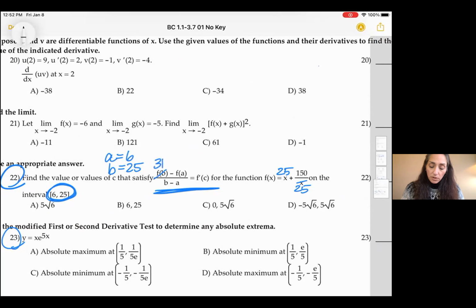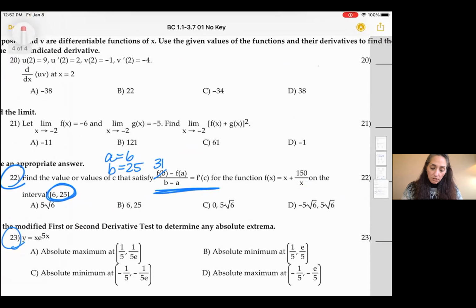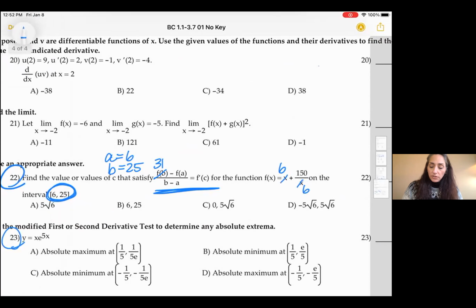So this is 31. I'm going to try to do as much work on this actual worksheet so that I don't forget what we're doing on another sheet. And then if you put 6 in, this would be 6 plus 150 over 6. Well, 150 over 6 is 25.